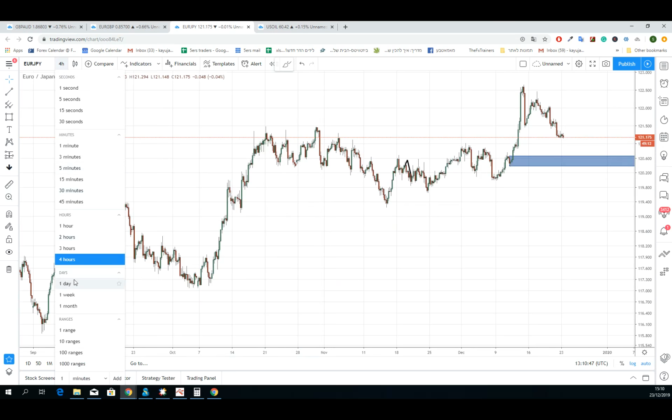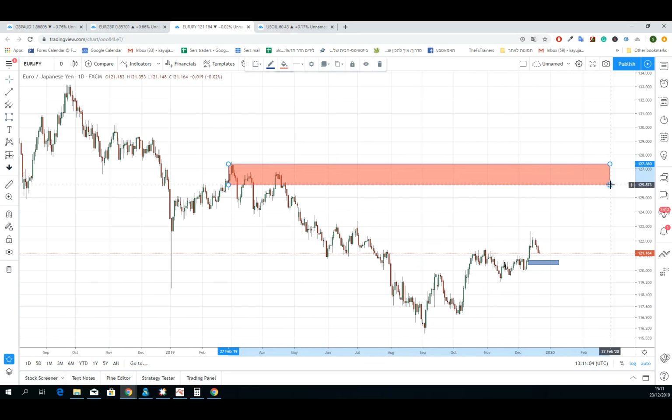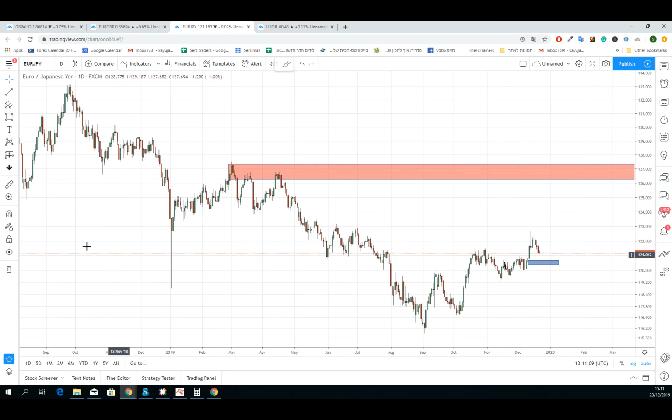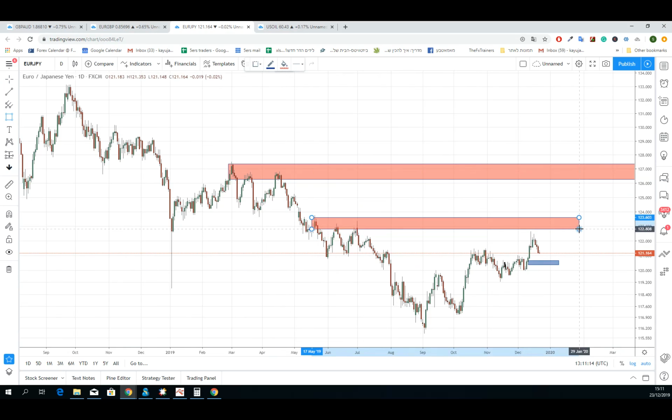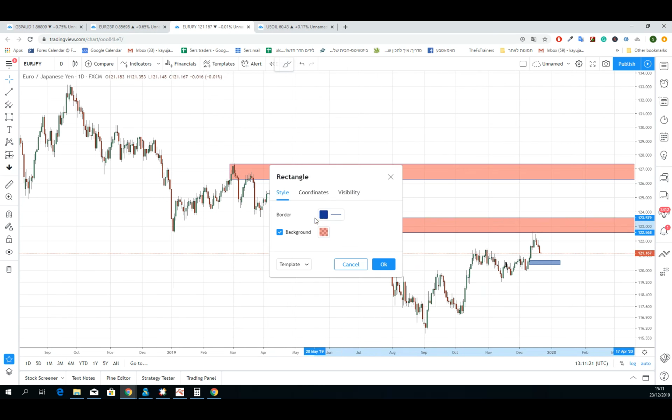Of course, my final target in that case, let's go back to the daily chart, will be this supply, which is already a resistance, I would call it, here at the top, with maybe a first target still here at the last stop that the price made, which is a resistance.